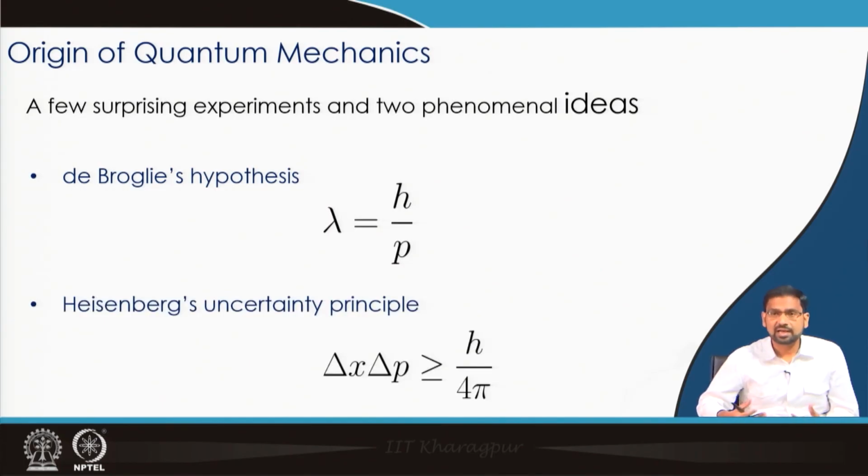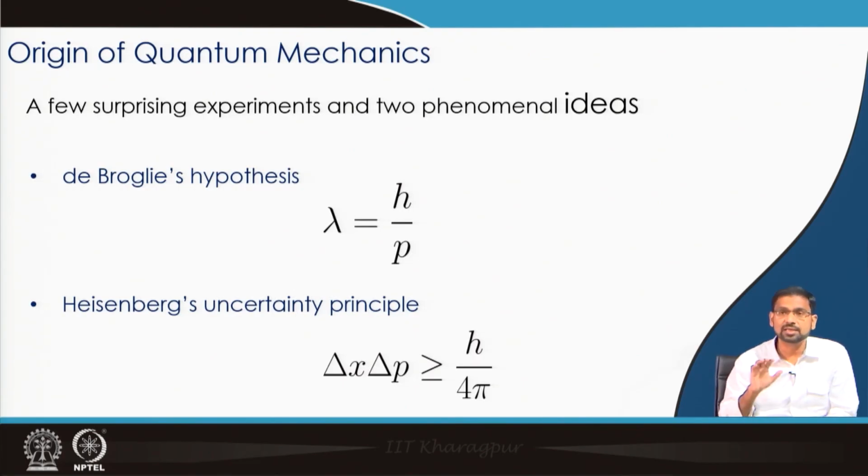Now the second groundbreaking idea was Heisenberg's uncertainty principle, where Heisenberg suggested that you cannot simultaneously and precisely measure two quantities, for example position and momentum. In future classes we will discuss the mathematical argument behind this, but Heisenberg's uncertainty principle said that if you want to determine the position of a particle precisely, you have to give away your right to know the momentum of the particle exactly.